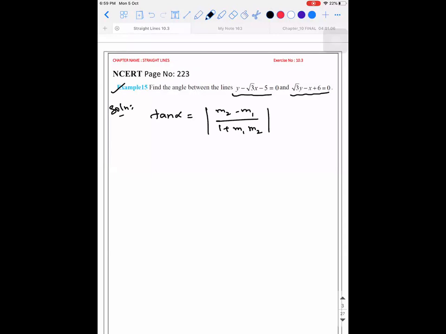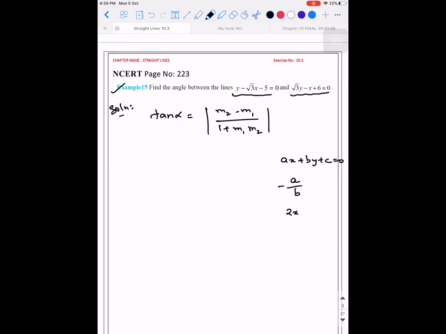Right. So for you to find the angle, first you need to find the slope. It's very simple, guys. Going forward, if you have a line ax plus by plus c is equal to 0, the slope is a by b with a minus sign. That is coefficient of x divided by coefficient of y with a negative sign is the slope.